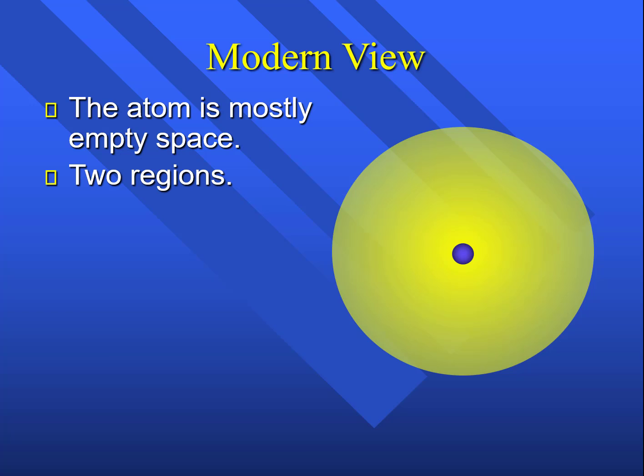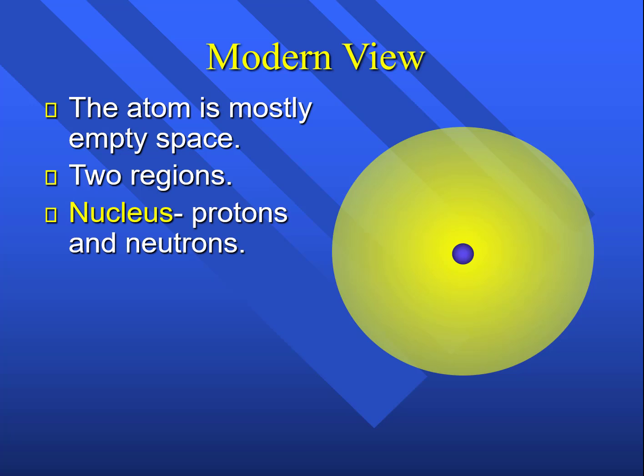Okay, we got 2 regions. We discuss when we talk about the atom. The 2 regions are the nucleus, that's where you're going to find the protons and the neutrons. All the heavy pieces are in the smallest part. That's why that smallest part is really dense.